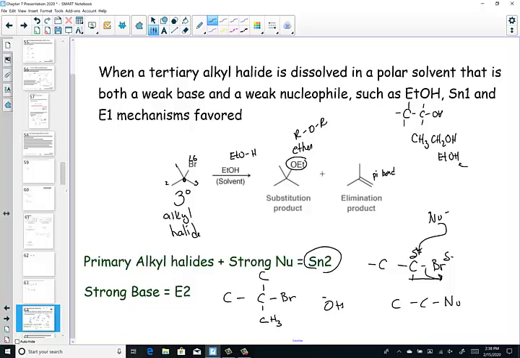You could see then that the beta hydrogen would be taken in a proton transfer. We saw the bond collapse and the leaving group leave. So we just finished talking about that sort of chemistry, knowing that you end up making a double bond for elimination. And in substitution, primary alkyl halides, strong bases, strong nucleophiles, we can promote SN2 reactions.